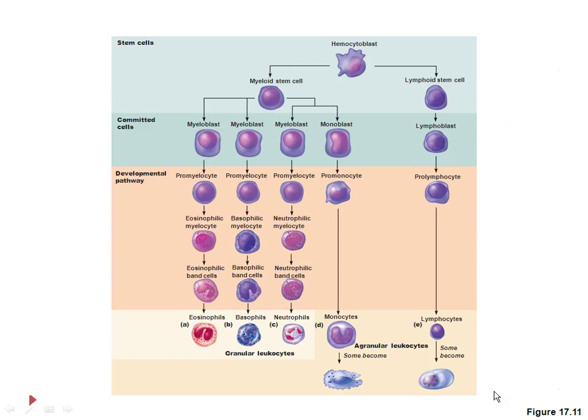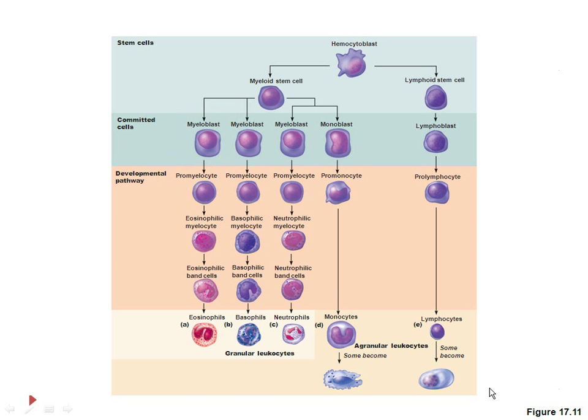Or you might hear of somebody who has chronic myeloblastic leukemia. That means you have an immature myeloblast type of white blood cell that in the bone marrow became cancerous and started dividing out of control.